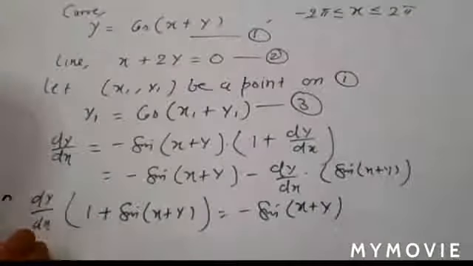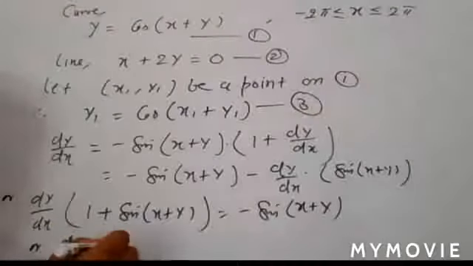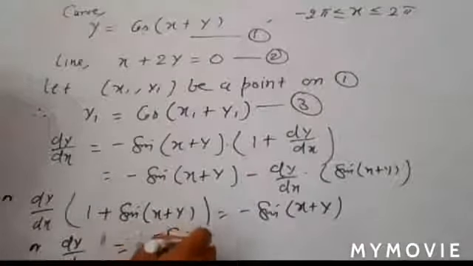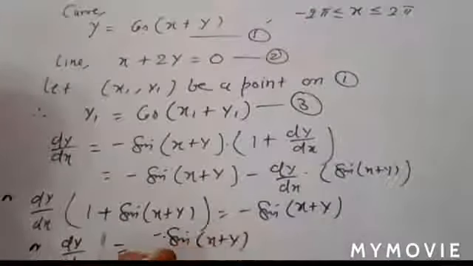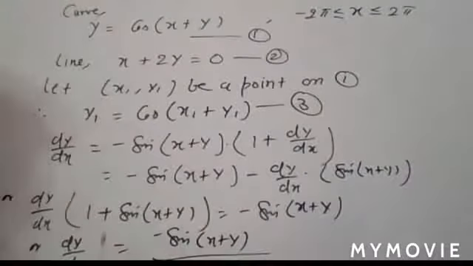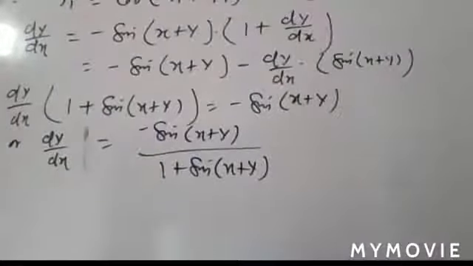So the value of dy by dx is equal to minus sine of x plus y upon 1 plus sine of x plus y. So that gives the value of dy by dx. Understand?